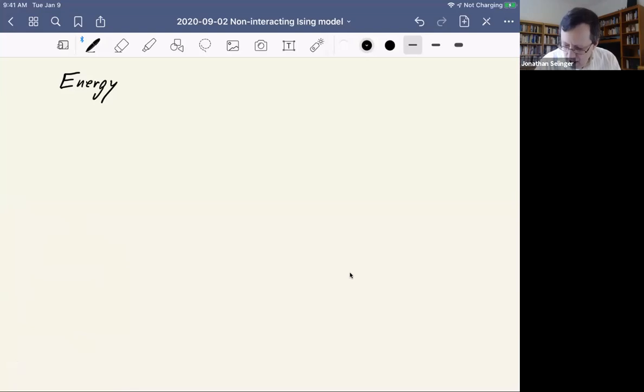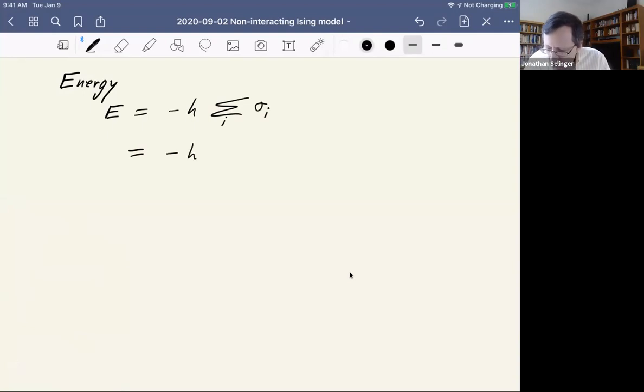Well, we know that is minus h times the sum over all the sites i of sigma i. Well, what is that? All the sites that have spin up have sigma equals +1.